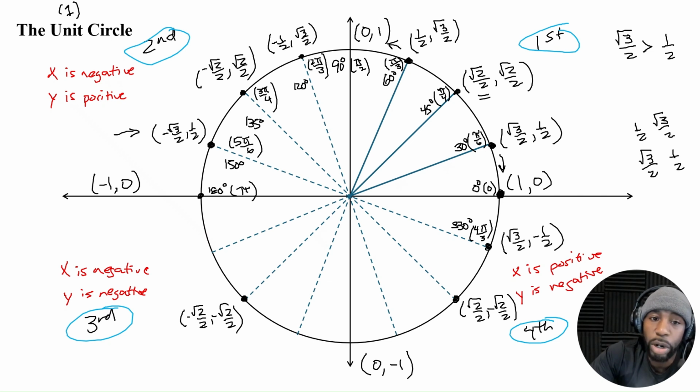Okay. Let me come over here. This is 210 degrees. And because it is pi away from 30 degrees, that's pi over 6 plus pi, which is 7 pi over 6.